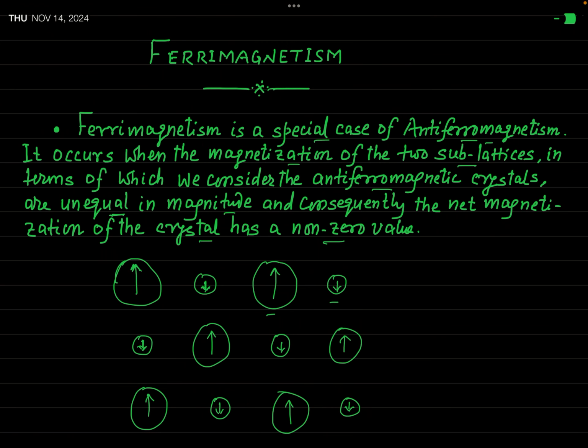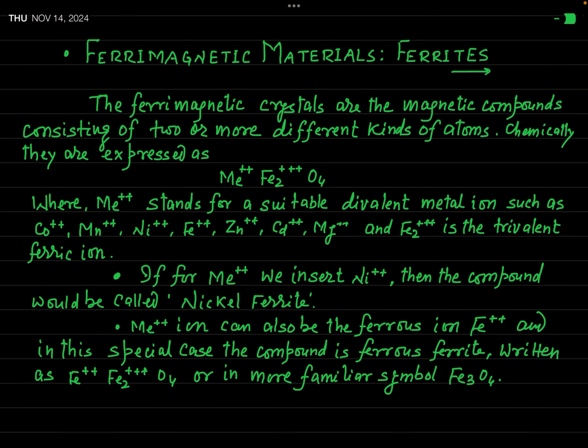So now let us see. First of all, the ferrimagnetic materials, which are commonly called ferrites. Ferrites and garnets are two groups of materials which are common examples of ferrimagnetic material. So which type of material will be a ferrimagnetic crystal?